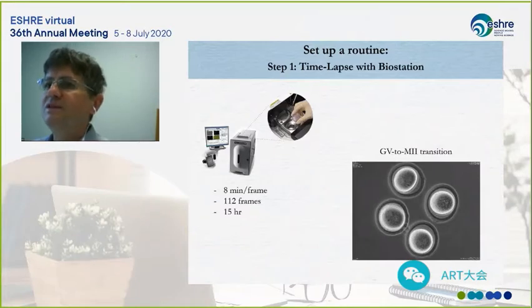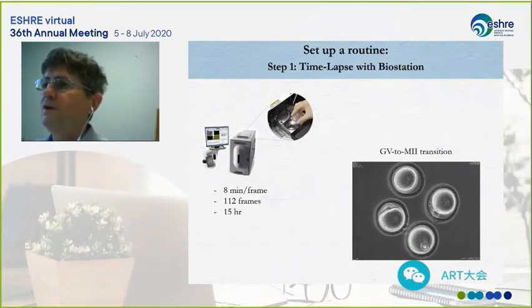we set up a platform which begins with the acquisition of time-lapse images during the 15 hours of GV to M2 transition. And frames were taken every 8 minutes for a total of 112 frames.